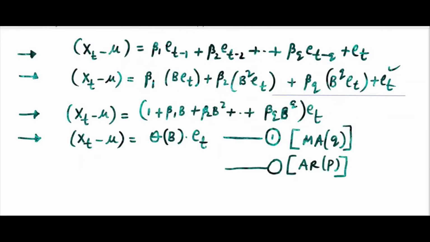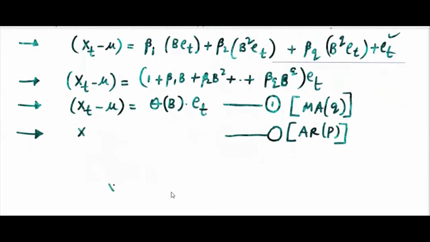You remember that? How was the AR process? Xt is equal to mu plus alpha 1 (Xt minus 1 minus mu) up to alpha p (Xt minus p minus mu) plus et. This was there.